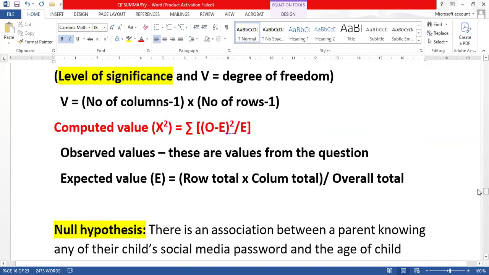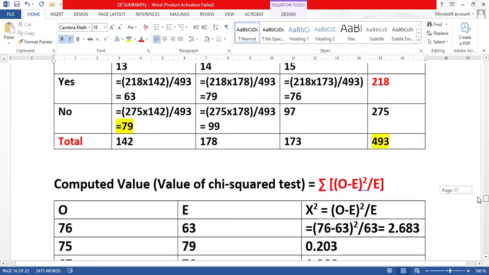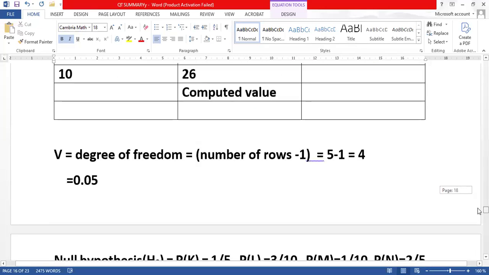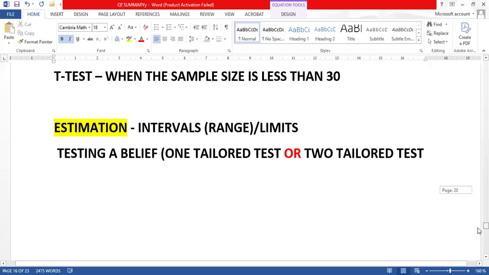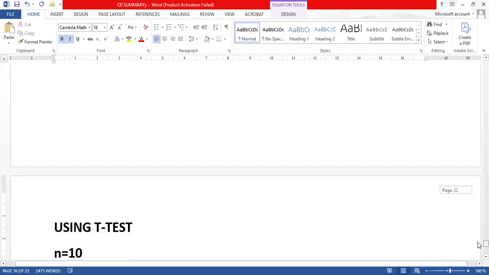If he specifies that the figure is less than this, it means you are dealing with the left side, one direction. Where you have one direction, you apply a one-tailed test. But in these estimations, you don't know which direction, right or left.